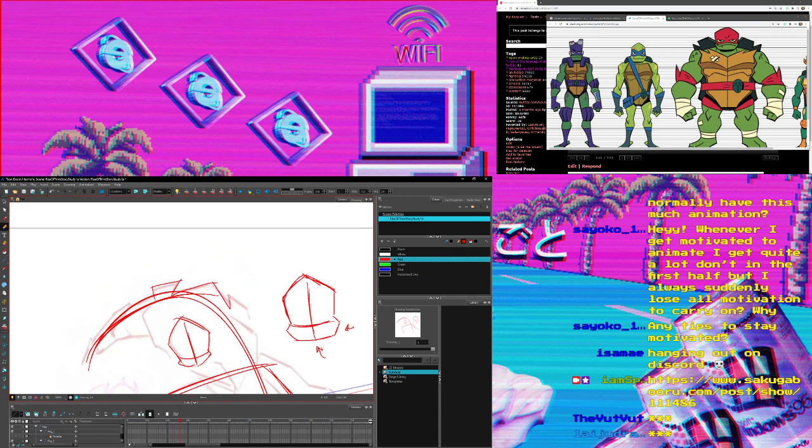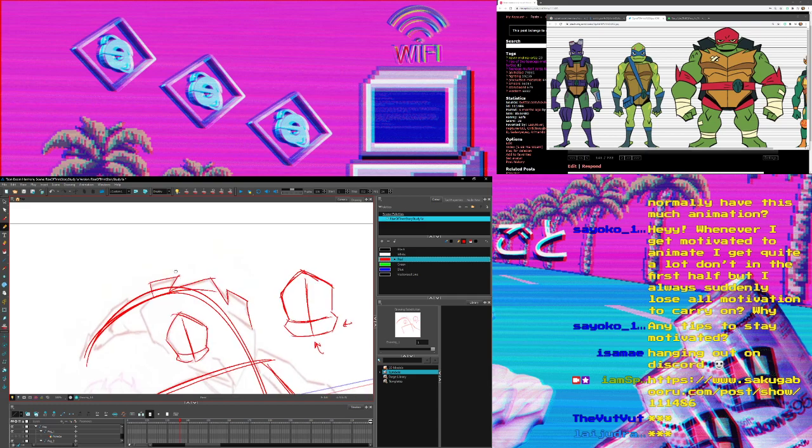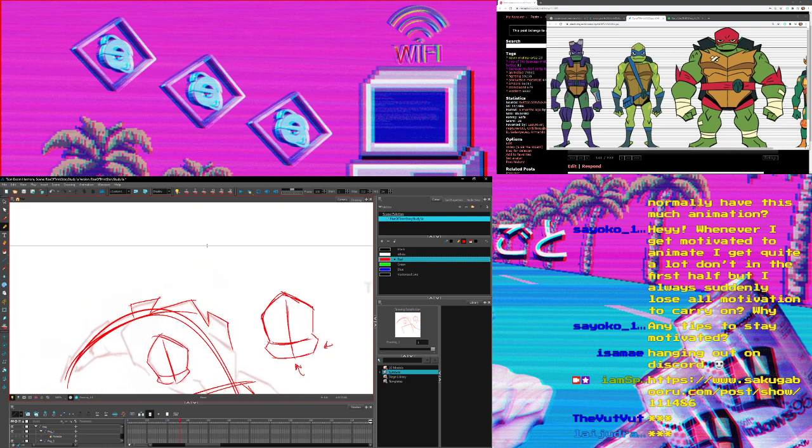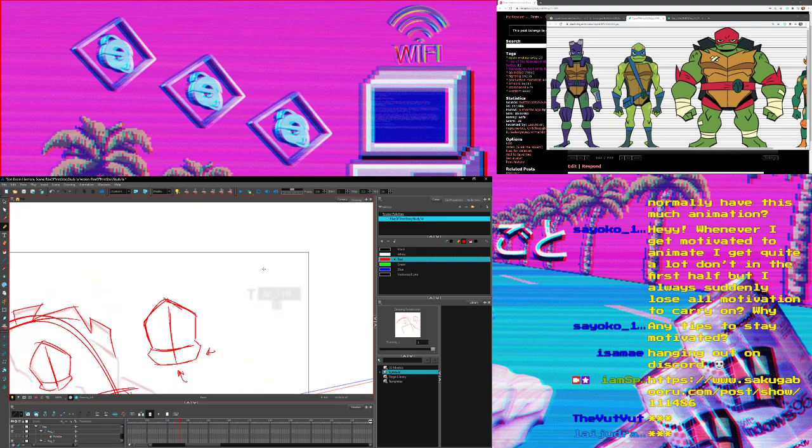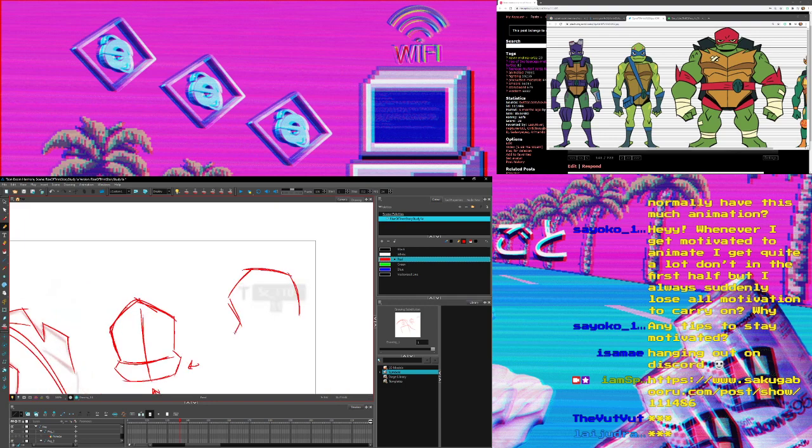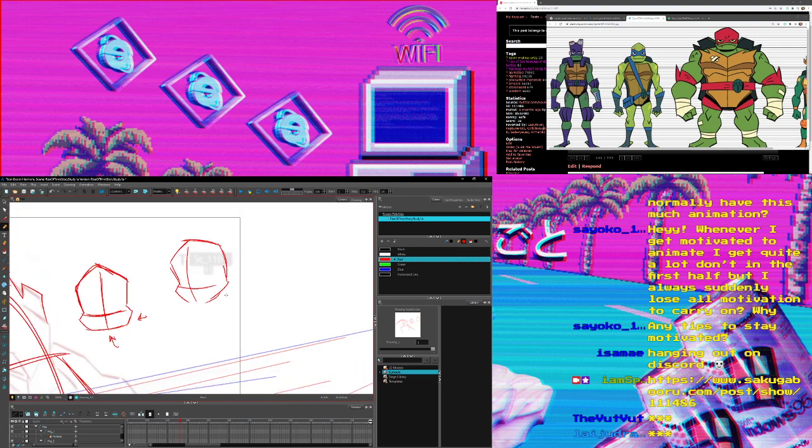He has a simplified version of his shell design on his back, because of Raphael's back. I'm just going to throw this in here. Raphael's back kind of works like this. Here's his shoulders right here. So we have this kind of cube for the top of his body, you almost want to say.